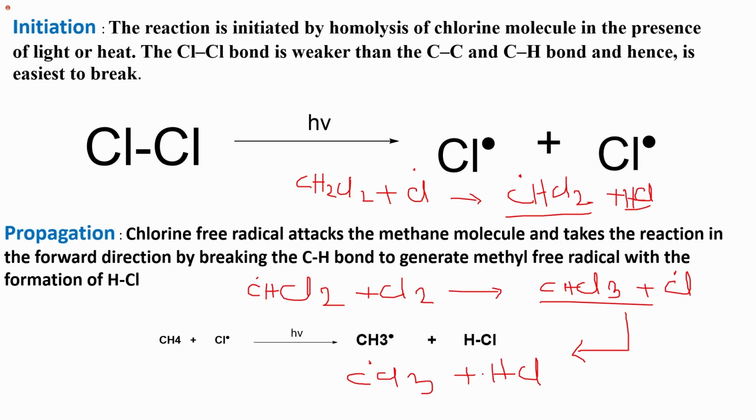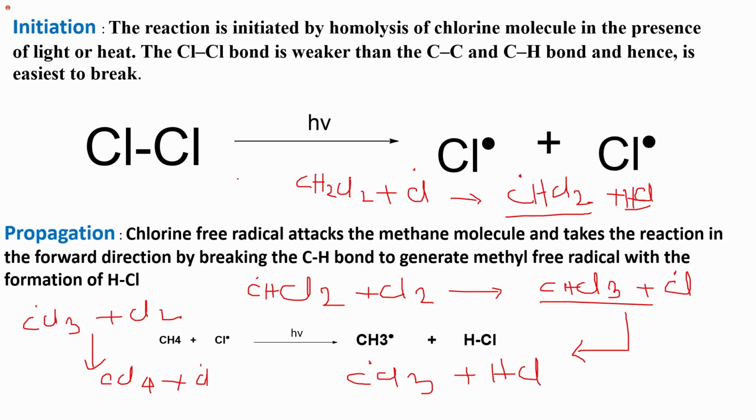Now this CCl3 dot, okay. Suppose you have a CCl3 dot in your reaction mixture. Another chlorine molecule will come and react here. It will give CCl4 plus Cl dot. So actually, this is one catalytic cycle, right?